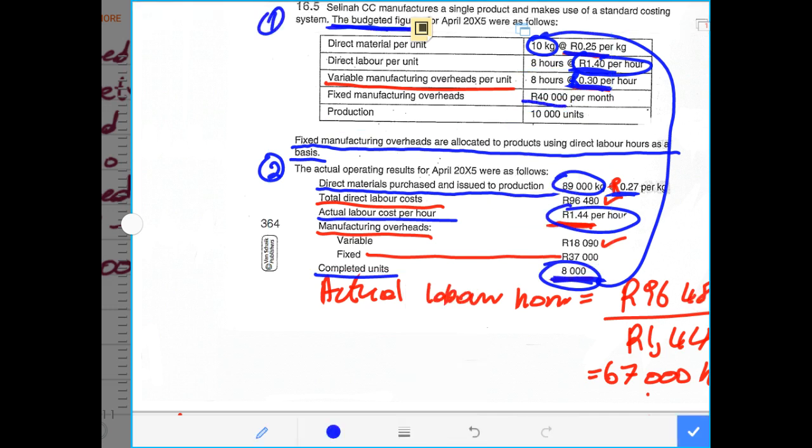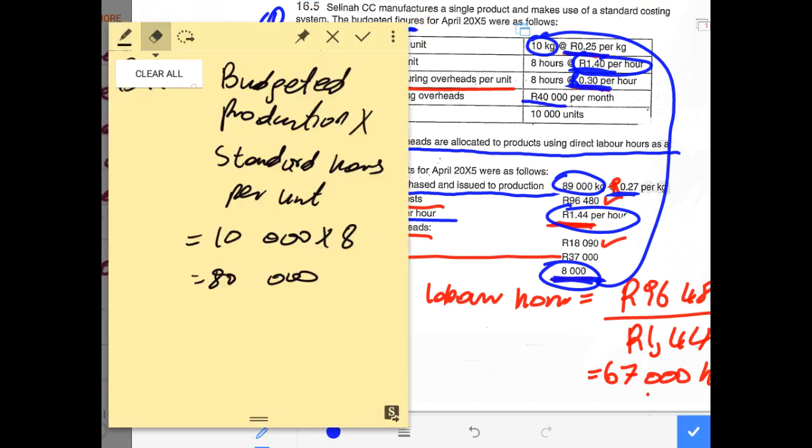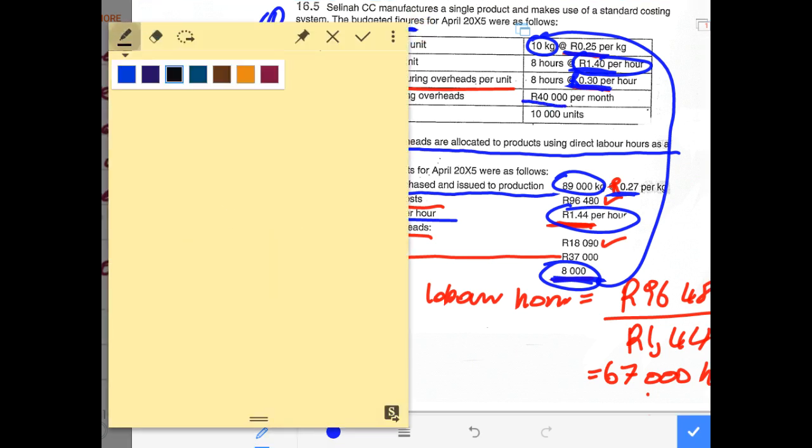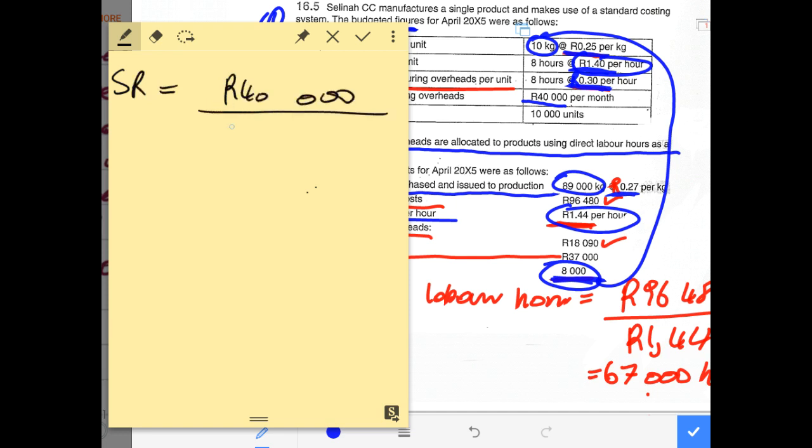Therefore, to calculate the budgeted rate, our standard fixed overhead rate will be the budgeted fixed cost of 40,000 divided by the budgeted hours of 80,000 hours of labor. This will give us the budgeted overhead rate of 50 cents.